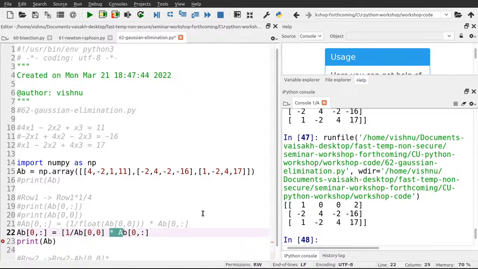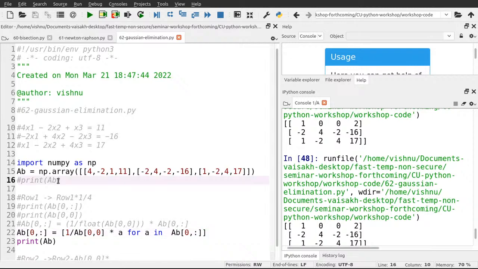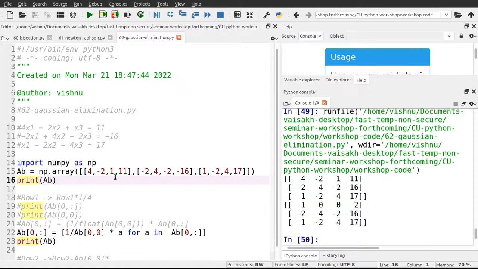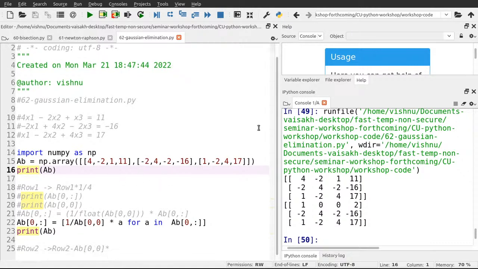Star C or A for A in. It was working previously. Why is it not working now? Multiplying scalar.